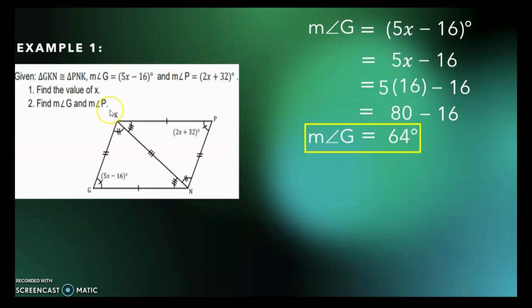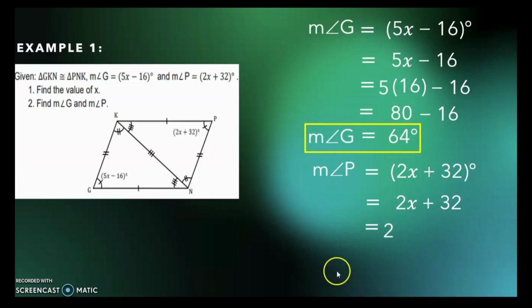Let's now find the measure of angle P. Again, we copy, rewrite, and then substitute. We copy 2, x, and the value we got earlier is 16 degrees.